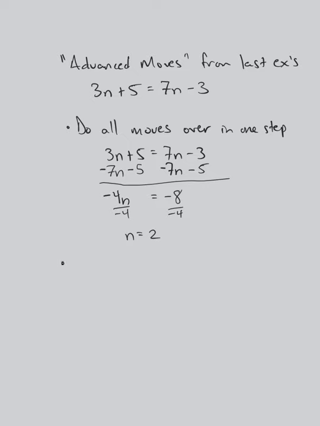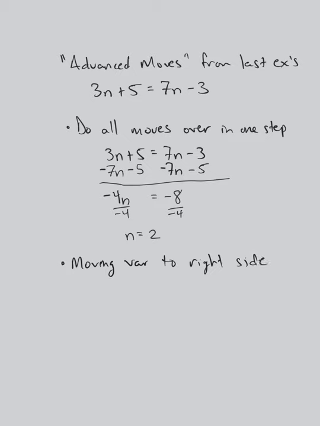And then the other thing to point out with this example is sometimes we want to move things to the right, move the variable to the right side. Okay, and this example illustrates why. And it's just, if you can deal with negatives, this isn't a big deal.